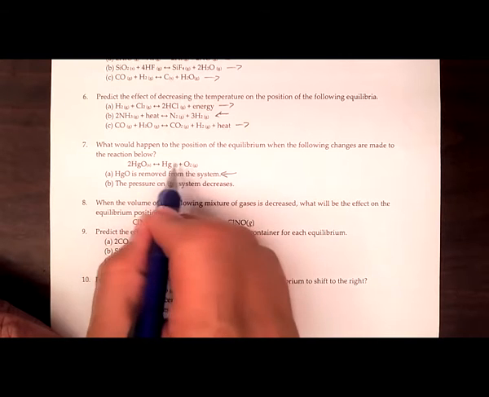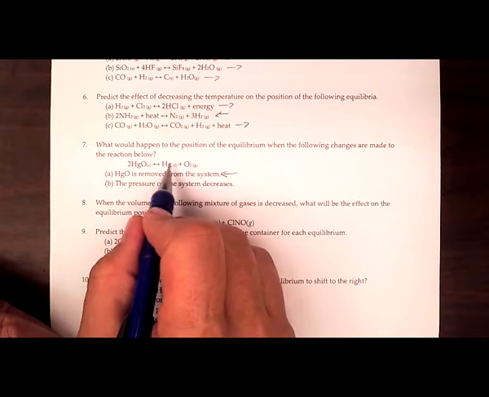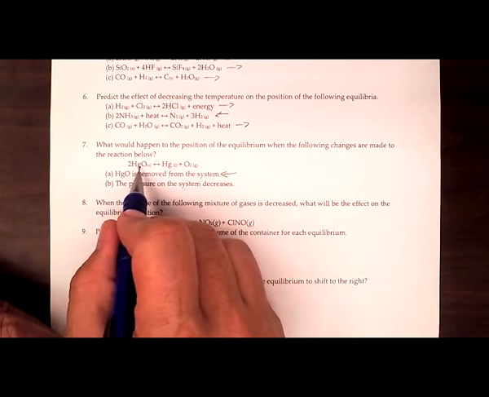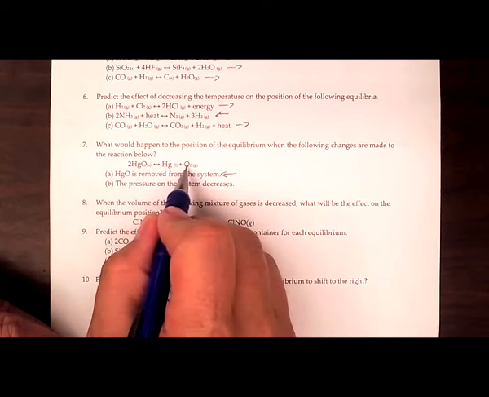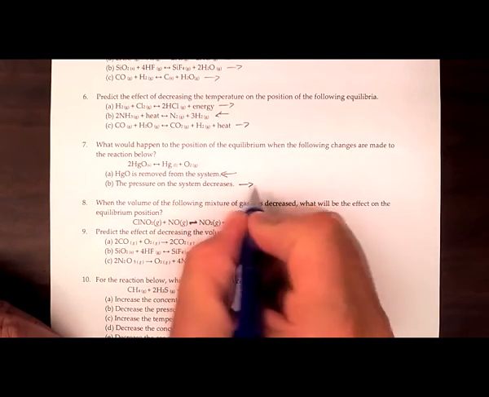So this side doesn't do its job as well if I decrease the pressure. They meet less and they react less, which means this side is making that side less than it used to. This side is unaffected, so this direction to the right is working better than that direction to the left. So it'll go to the right.